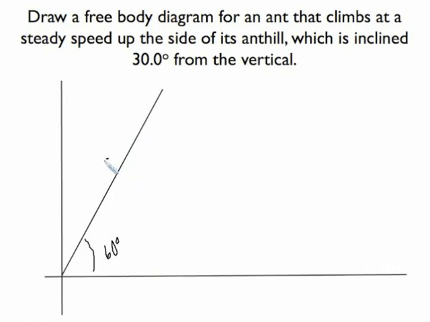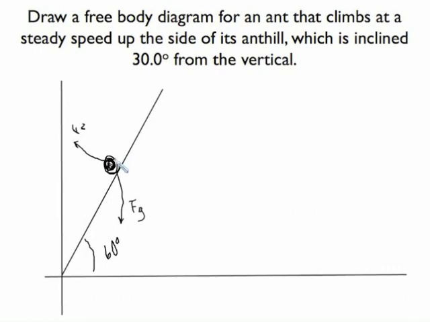Okay, so now we have our ant. This is our ant. His gravitational force is straight down. That's not a very straight arrow, but it's straight down. His normal force goes off like this, perpendicular to that surface, so perpendicular to the side of his anthill.